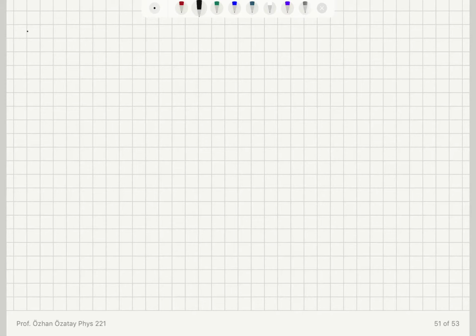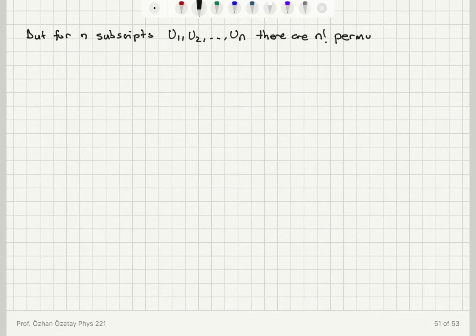So for n subscripts, I have u1, u2, un. There are n factorial permutations. What does that mean? Different orderings.